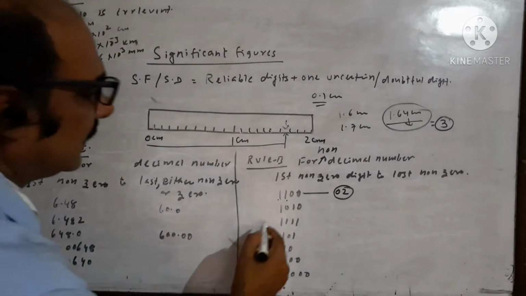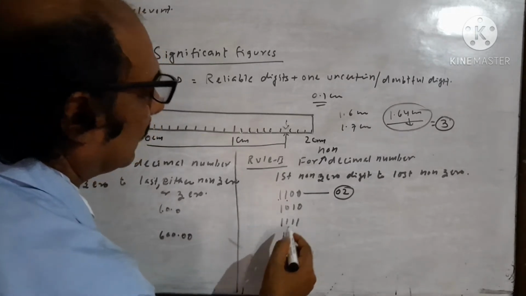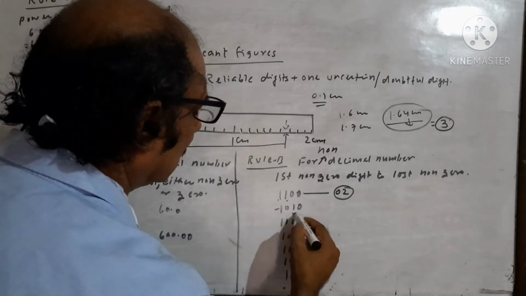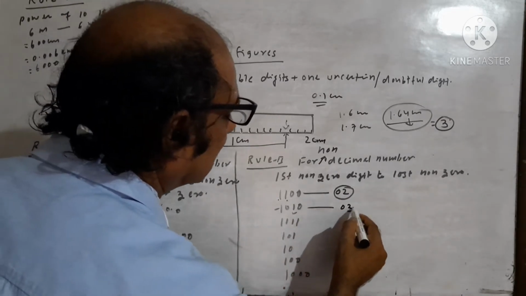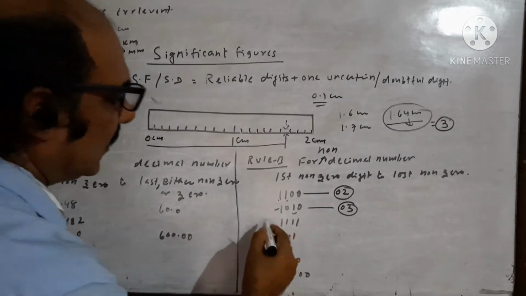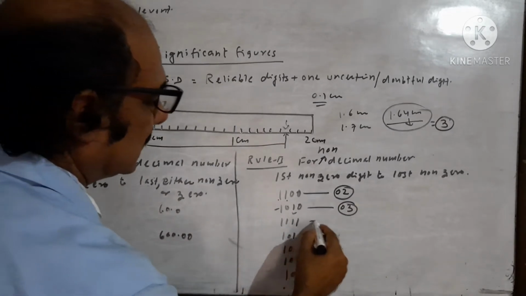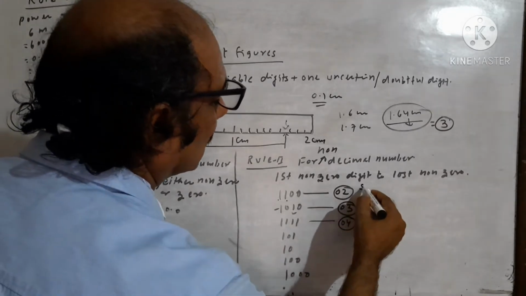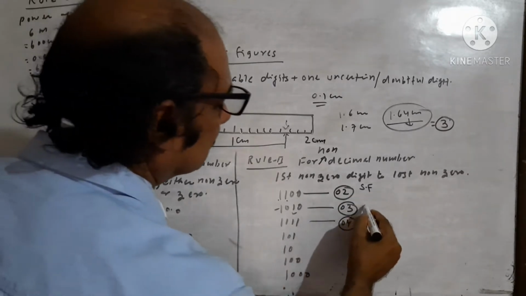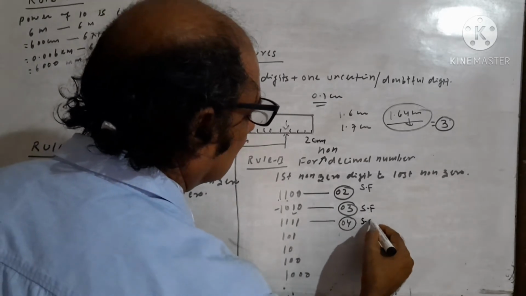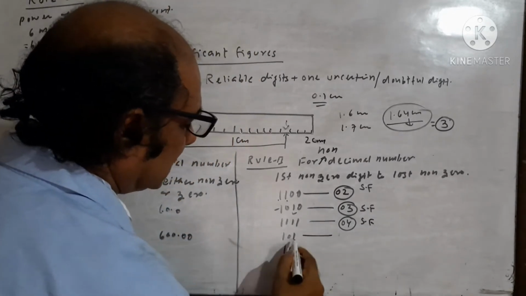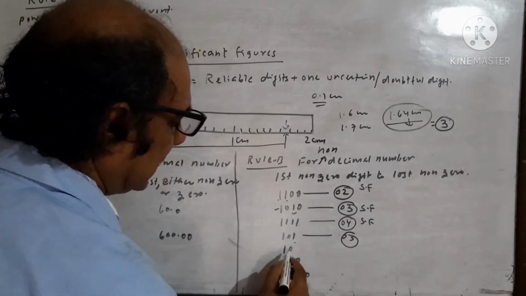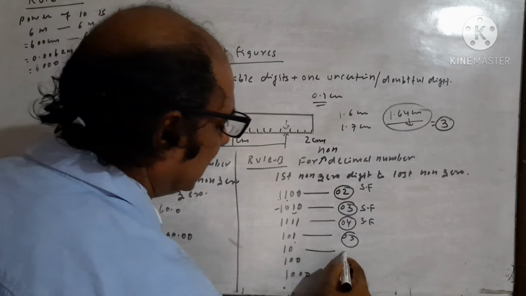Here the number is 1010, but by the rule, first non-zero to last non-zero, there are only 3. For a number whose digits are all non-zero, first to last: 1, 2, 3, 4, so 4 significant digits. Here, first to last, 3. There is a first and this is also the last, so there is a single one.